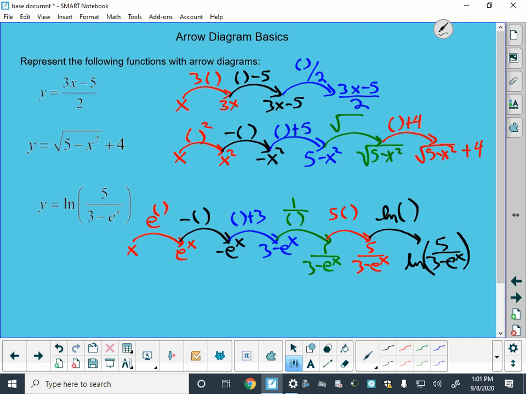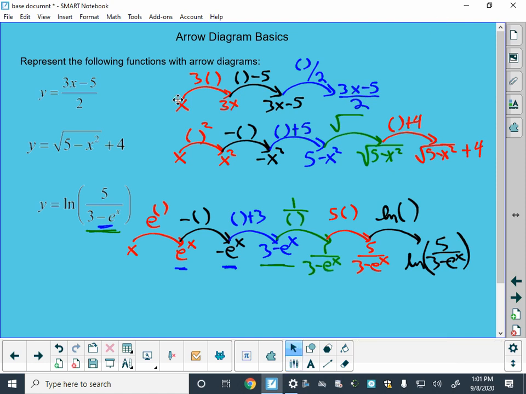One of the ways I can check along the way to make sure that I'm doing this correctly is that for every intermediate step that I follow along the way here, this e to the x should show up in my original problem somewhere. Negative e to the x should show up in my original problem. 3 minus e to the x should show up in my original problem.